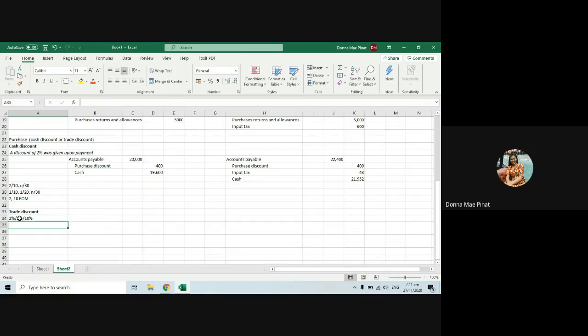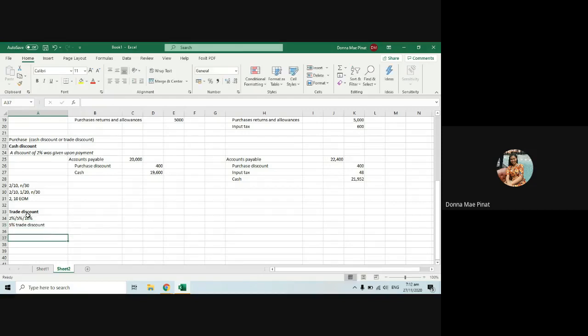Or usahay pod, moingon lang siya nga 5% trade discount.